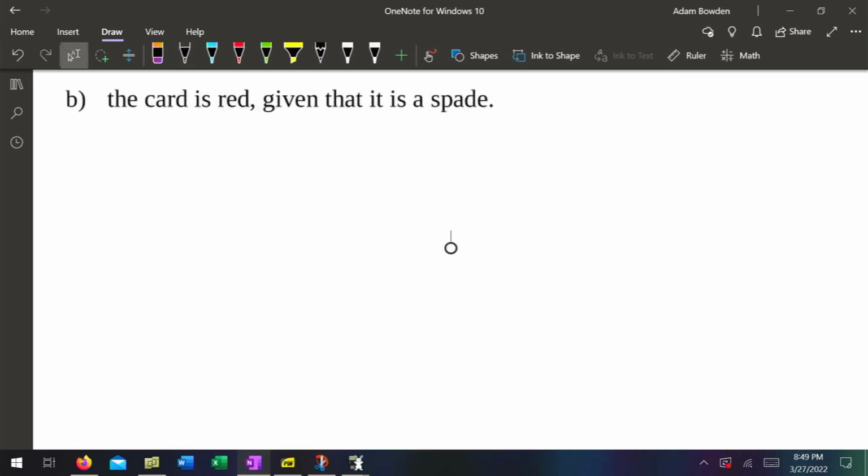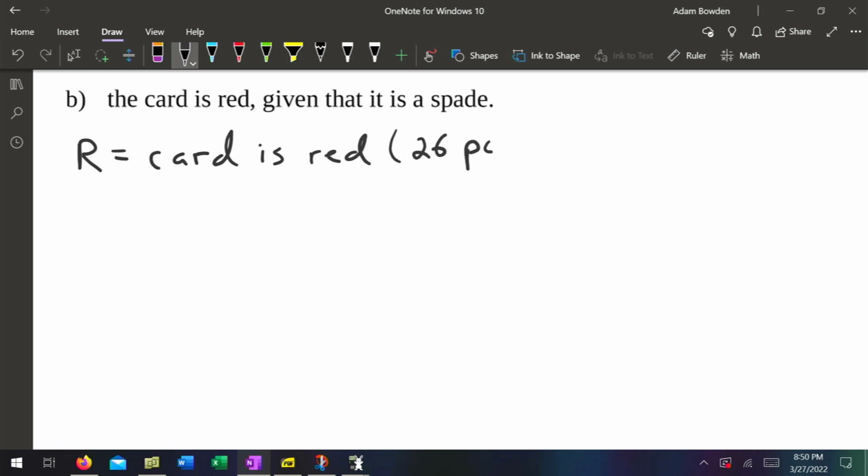The next one we're going to say if the card is red, given that it is a spade. So let's use the letter R to stand for the card is red, and there are a total of 26 possible red cards. S can stand for the event that the card is a spade.